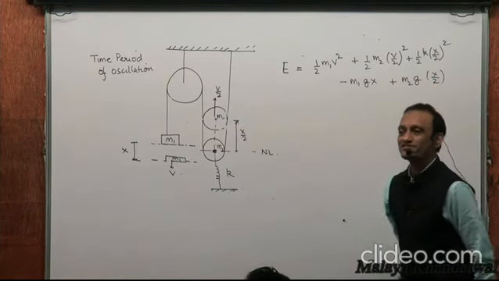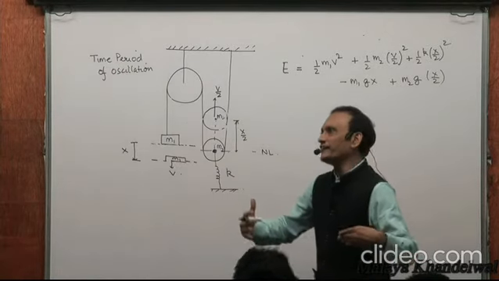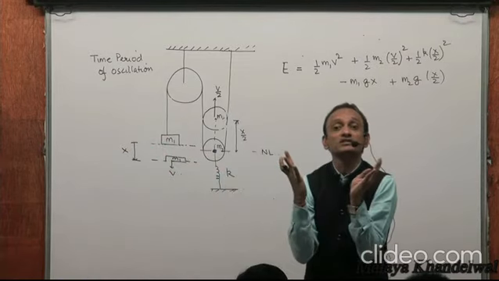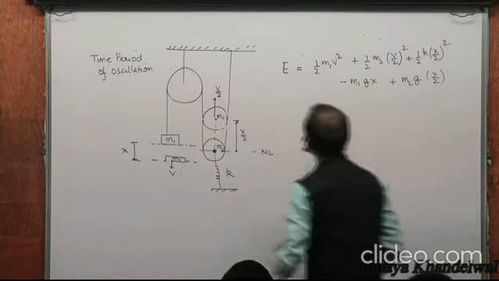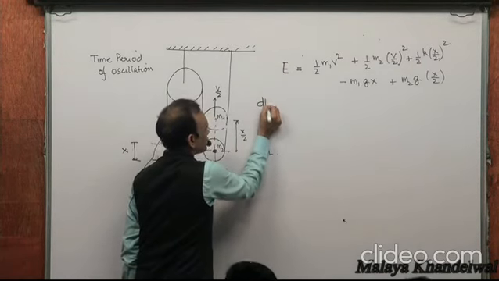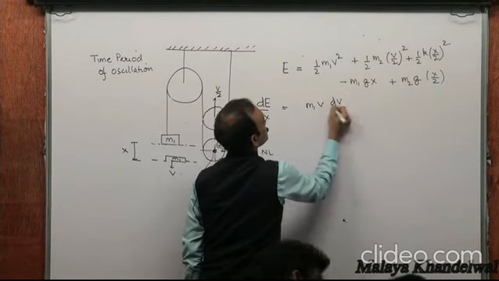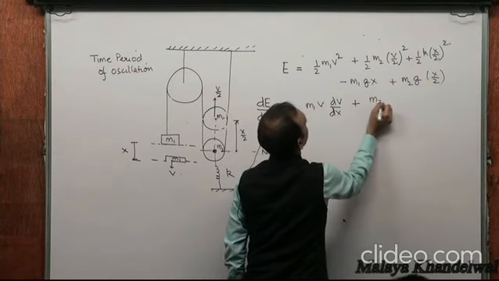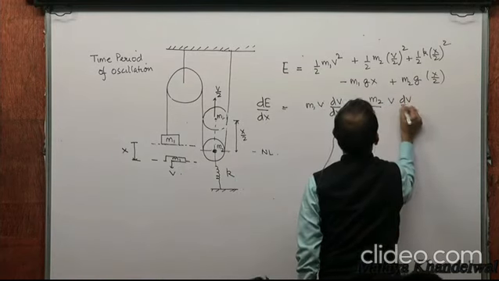That's my energy expression. I need to find v dv dx, which is the acceleration. If I find that v dv dx is minus of a positive constant into x plus some other constant, then the positive constant that I'm talking of would be omega squared for oscillation of the system. Yes or no? Right? So dE dx, that's the rule of the game then. dE dx is going to be m1 v dv dx plus m2, this is 8, so it will become 4 v dv dx.